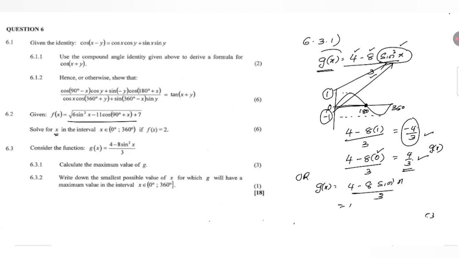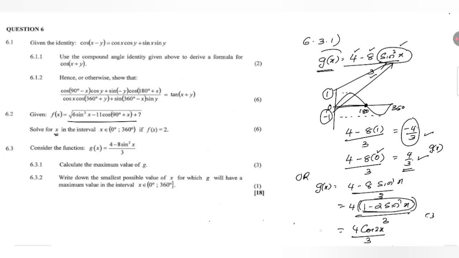You can see in the numerator, 4 is common. 4 times 1 minus 2 sine square x, divided by 3, isn't it? What is 1 minus 2 sine square x? Do you know this one? This is a double angle formula: 1 minus 2 sine square x is cos 2x.